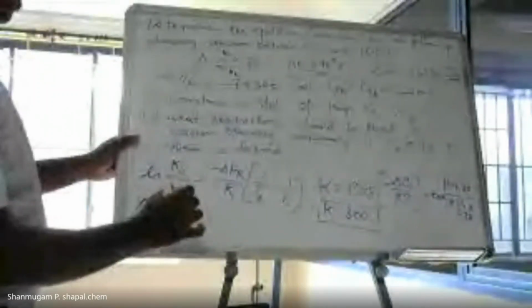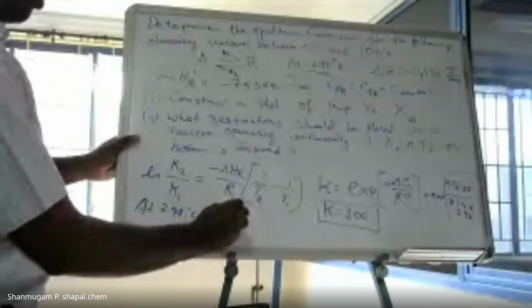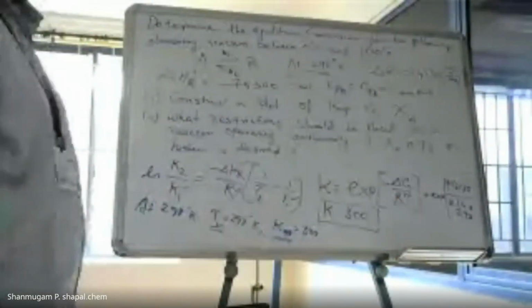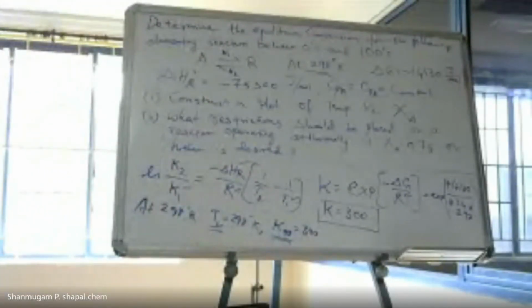At 298 degrees this is T1, and the K value will be 300. Now we say this is K1 and this is T1. So now we know T1 and K1, and we know the R value and the delta HR value. We don't know K2 and T2, so that is what we need to find here.